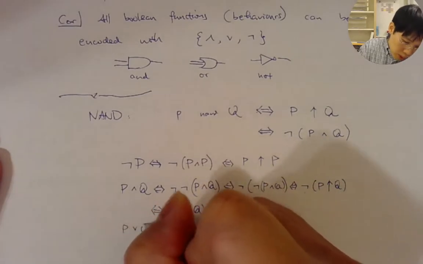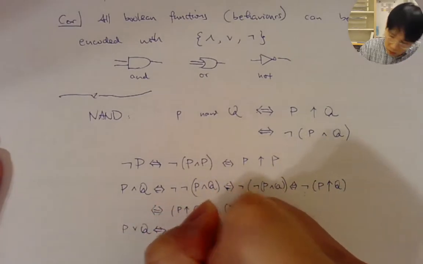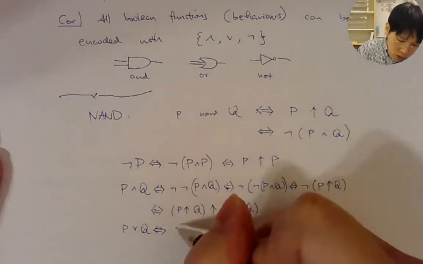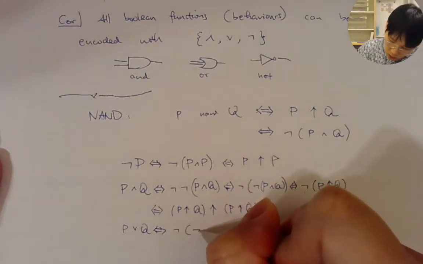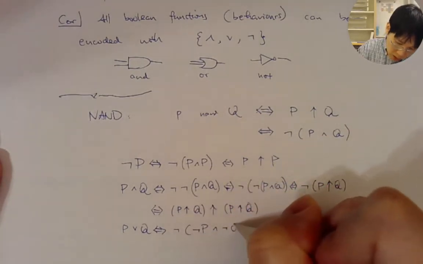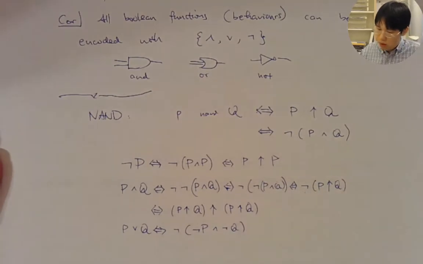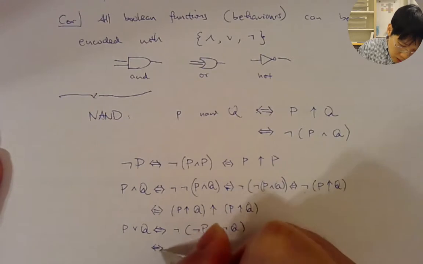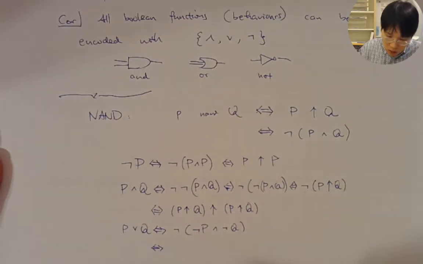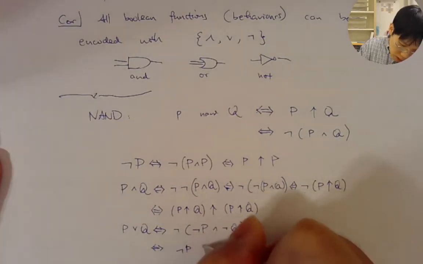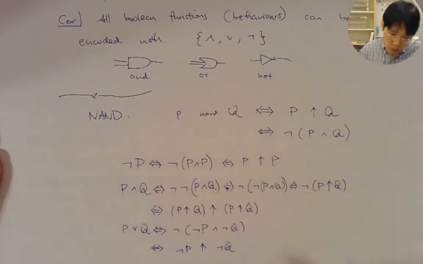Finally, if you want P or Q, you know that by De Morgan's law, it's not P and not Q. And so that's equal to the NAND of not P and not Q, right?